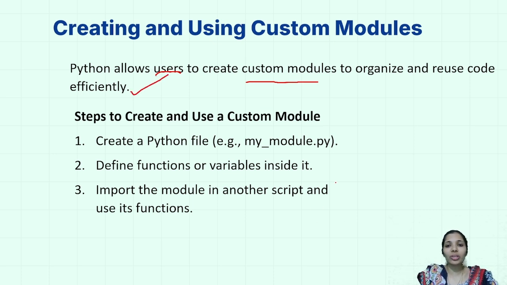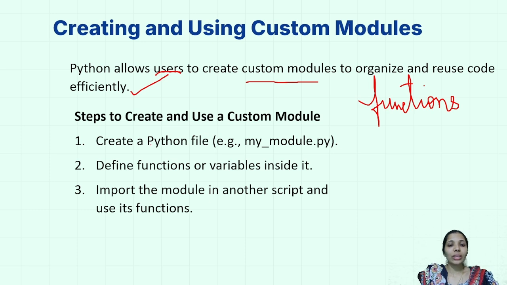As the concept of reuse comes into the picture, it's nothing but, as we have discussed earlier, the concept of Python functions. Function is one of the important concepts in Python which helps us to organize the code and reuse the code as and when required. So there are steps to create and use a custom module.